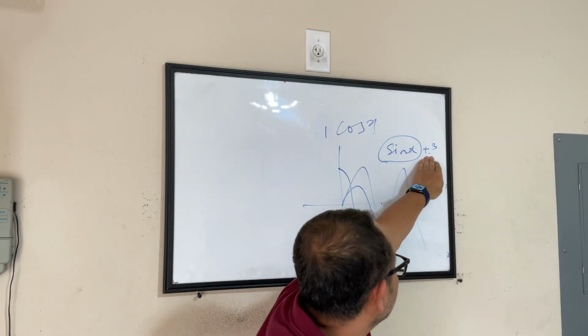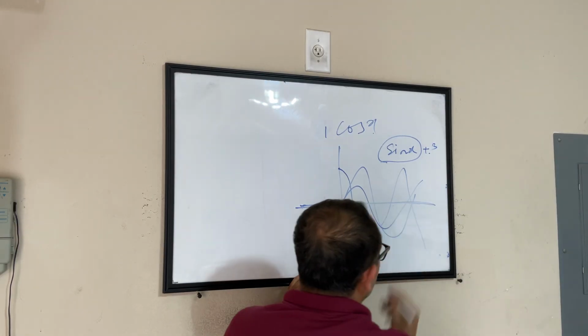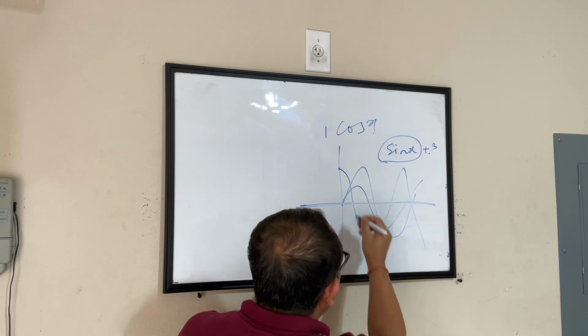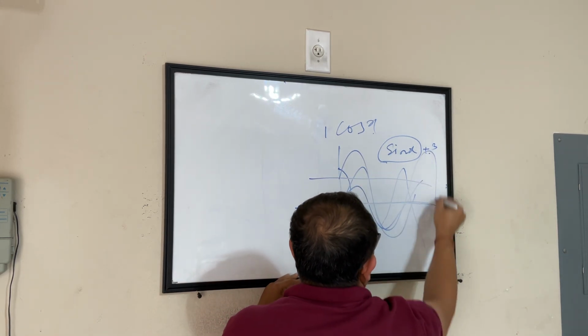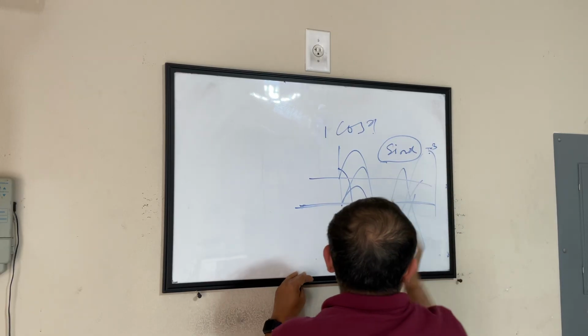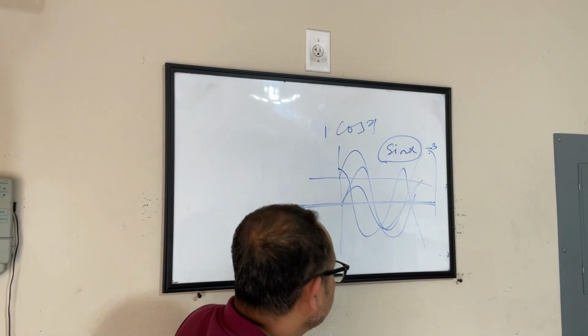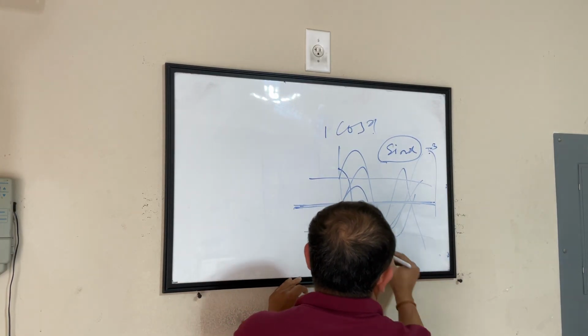If you're saying sine x plus 3, you're always talking with respect to your midline. If you're saying plus 3, your midline shifts 3 points and then it starts from here. If you say minus 3, that means originally your midpoint is the x-axis. It shifts by 3 points and then starts from here.